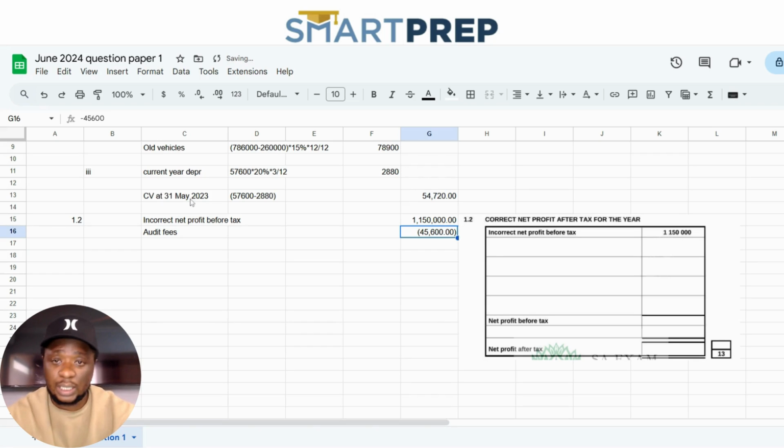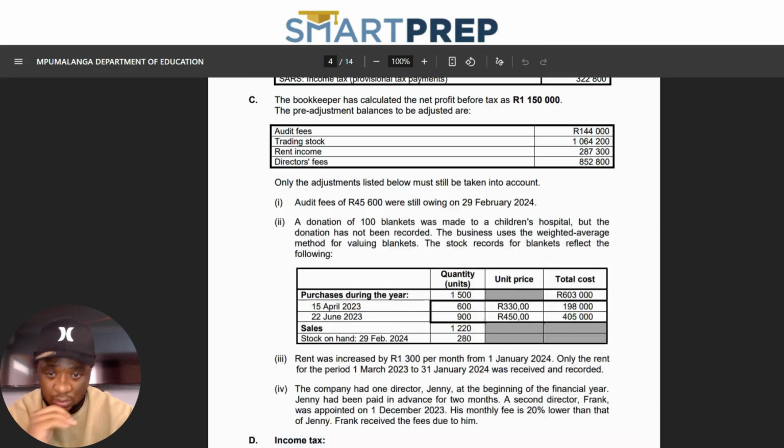Okay, let's look at the next piece of information that's going to be relevant. It says a donation of 100 blankets was made to a children's hospital, but the donation has not been recorded. The business uses the weighted average method for valuing blankets. The stock records for blankets reflect the following. Okay, there we got our blankets.